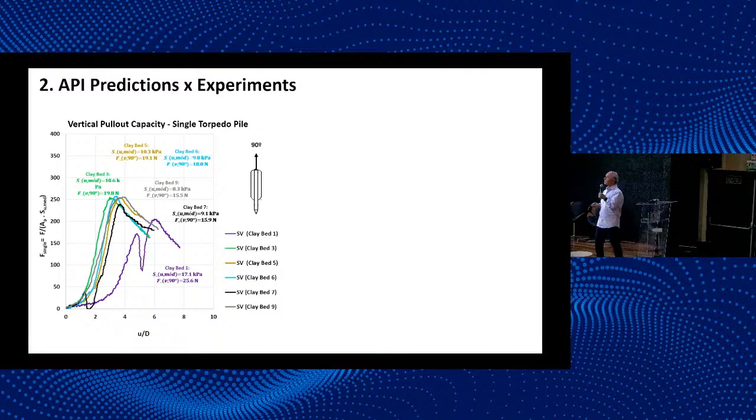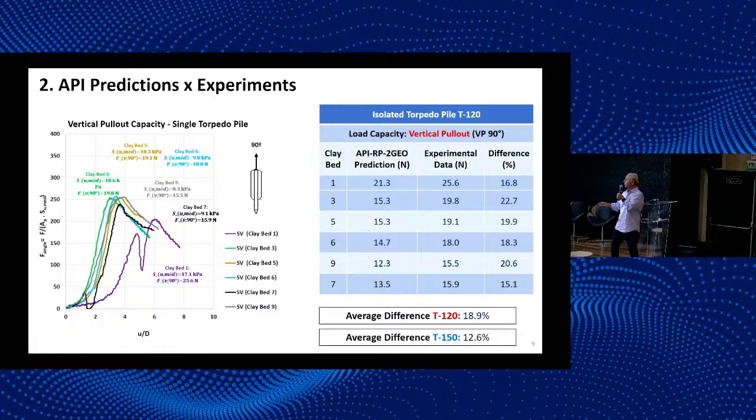But you've got to assess if our centrifuge modeling is doing right. So you have assessed that by comparing measured values with API predictions. It's interesting to see that it nicely underpredicts, as is good for a design procedure.